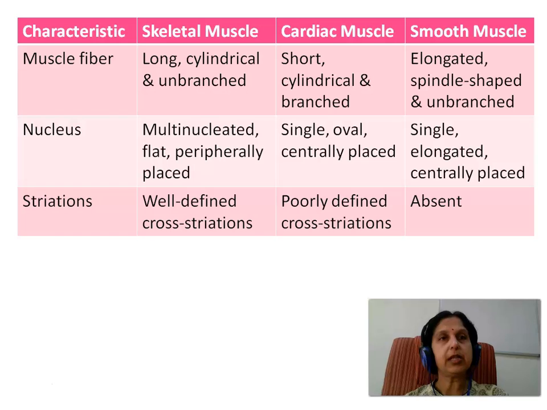Let us now see the differences between the three types of muscles that we have studied: skeletal muscle, cardiac muscle, and smooth muscle. Now, the muscle fiber in skeletal muscle is long, cylindrical, and unbranched. In cardiac muscle, the fiber is short, cylindrical, and branched. And in smooth muscle, the fibers are elongated, spindle-shaped, and unbranched.